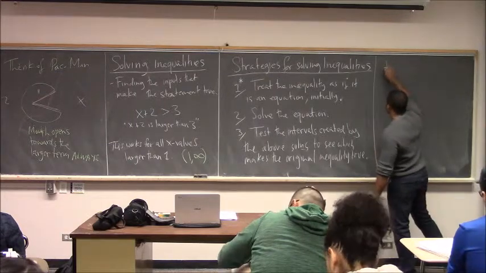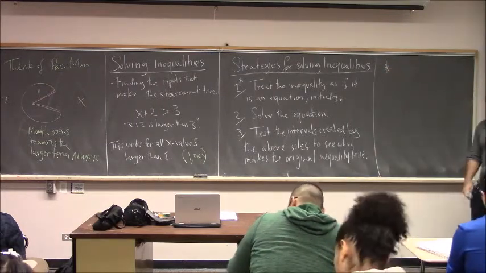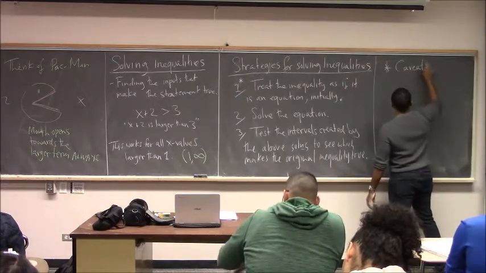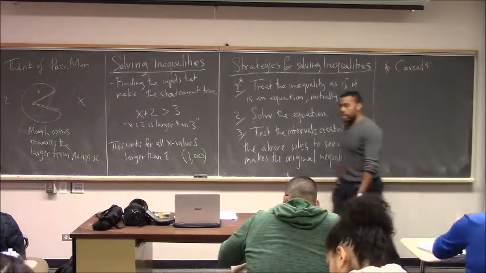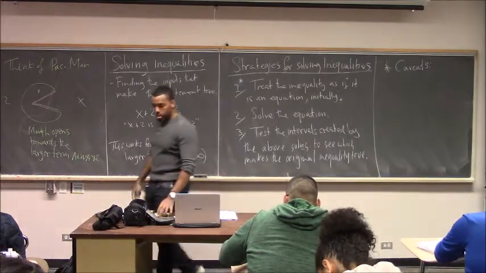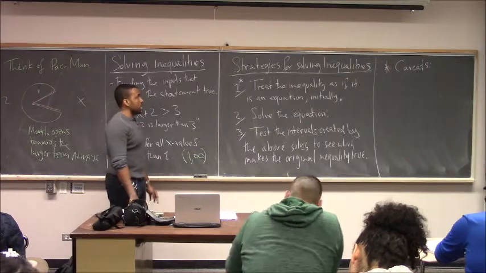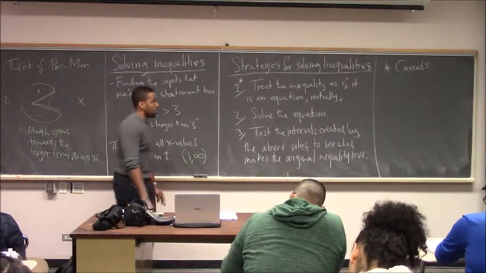Here's the star. So we have caveats here. For the most part, we can treat it exactly like it's an equation when finding these x values. There are some key differences, though, between inequalities and equations.